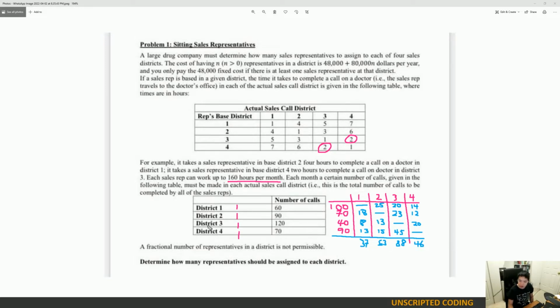What I think you can do, so for example, if I don't want to pay for District 4, the spillover from these other districts is going to be 46.